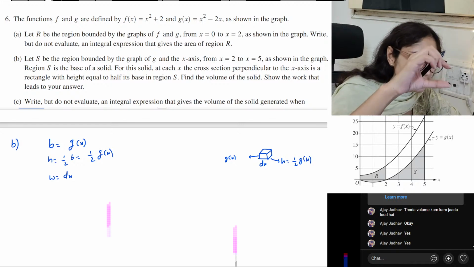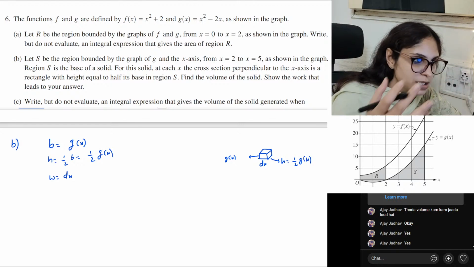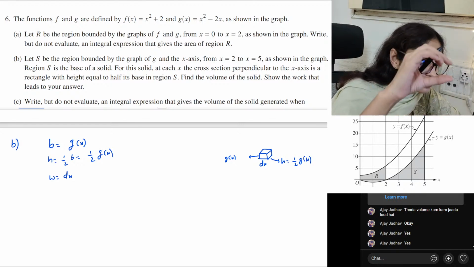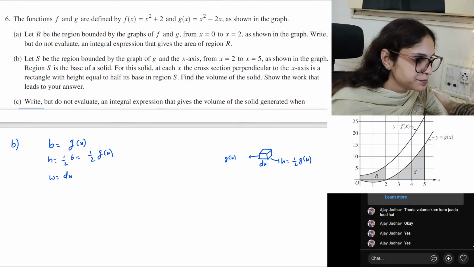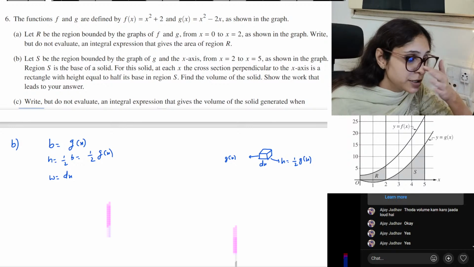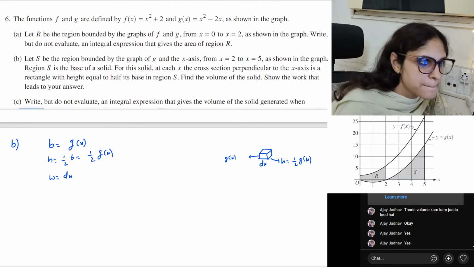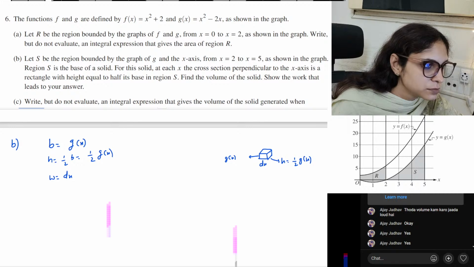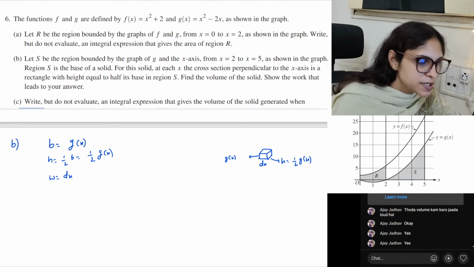Because the cross section is a rectangle, it is going to be length times width times height, where the width is dx and the height is half times g of x. Because perpendicular to the x-axis is both the y-axis and the z-axis.